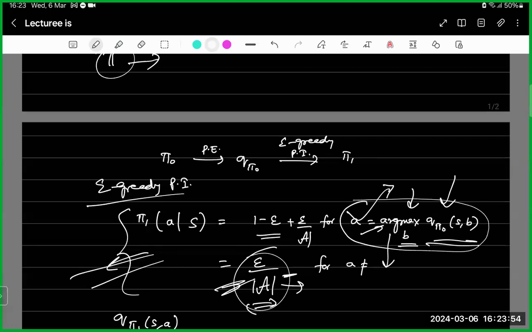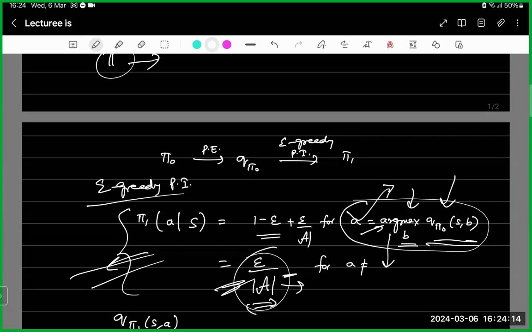Epsilon soft is just telling that every action should have at least epsilon by k probability. What you do in the 1 minus epsilon part is up to you. If you do that 1 minus epsilon in the greedy way, that is called epsilon greedy policy.